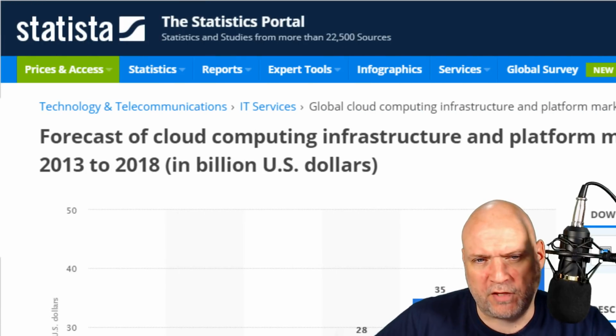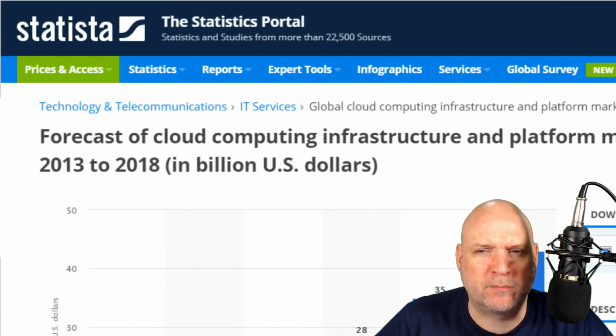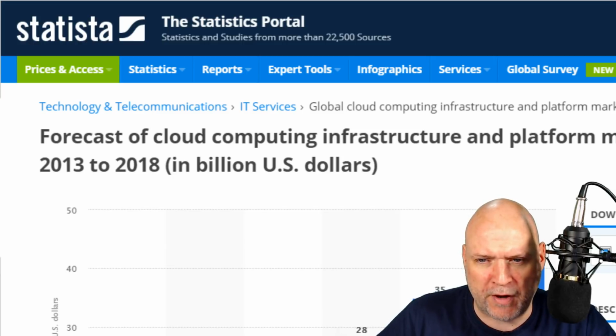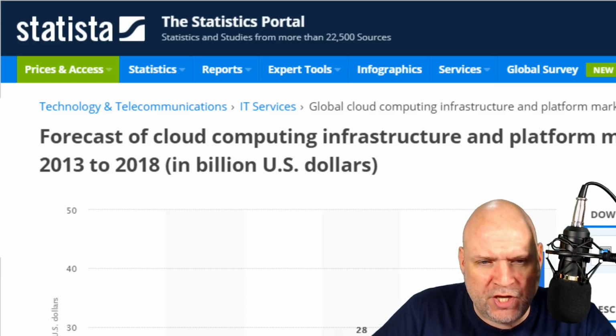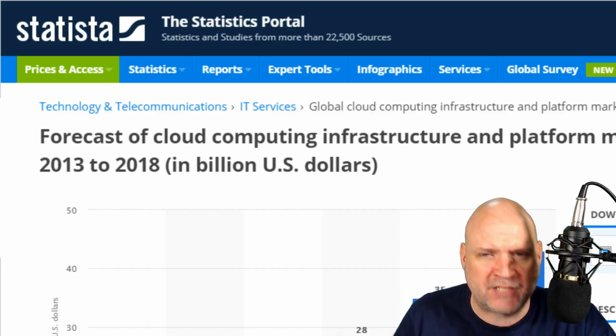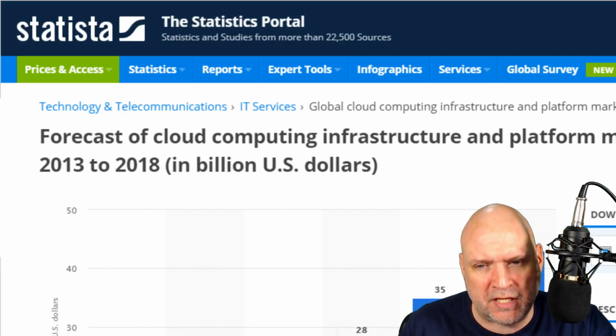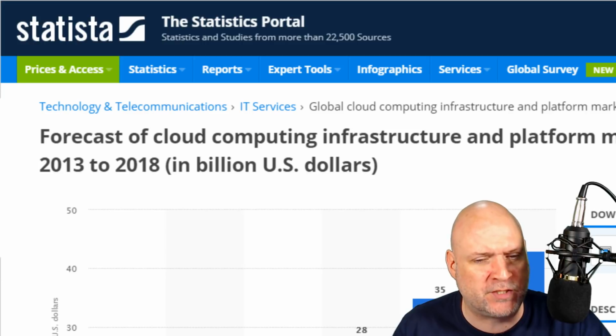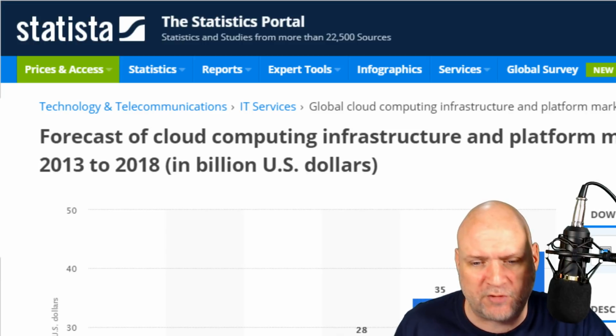So the market for cloud computing infrastructure and platforms worldwide up to 2018 is in the region of about $35 to $43 billion per annum. Now that's a fantastic amount of money, as you can see. The market is expected to grow exponentially year on year well into the future as companies realize that the cloud is the more usable way of doing business rather than hosting everything on a centralized server in the office.